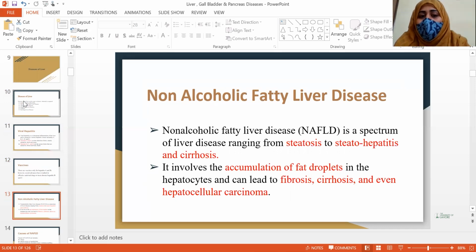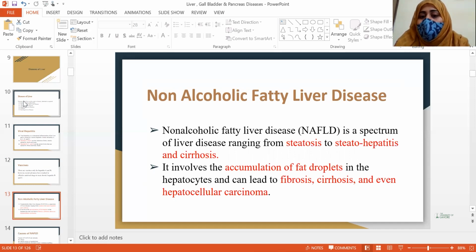Then we will discuss non-alcoholic fatty liver disease. NAFLD is a spectrum of liver disease ranging from steatosis to steatohepatitis and cirrhosis. Steatosis is the common condition caused by having too much fat built up in your liver.